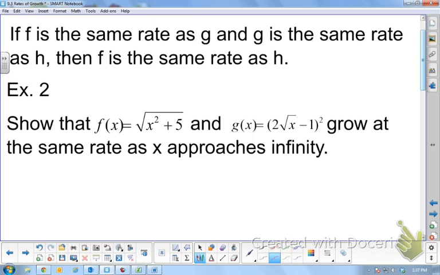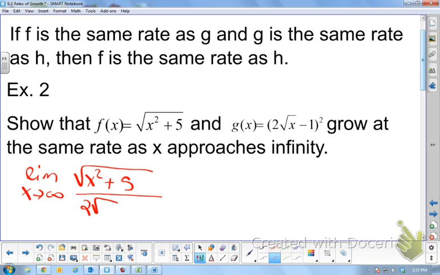So if I tried doing this the normal way and just said limit as x approaches infinity of square root of x squared plus 5 over 2 times square root of x minus 1 all squared, what's going to happen when we plug in infinity?